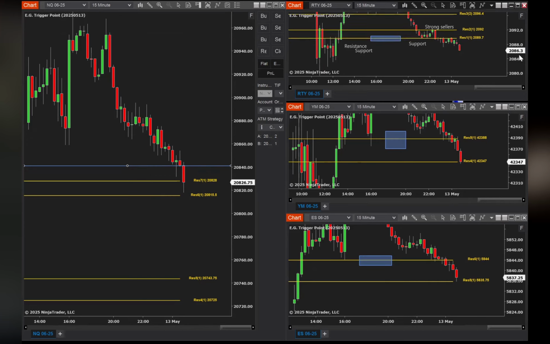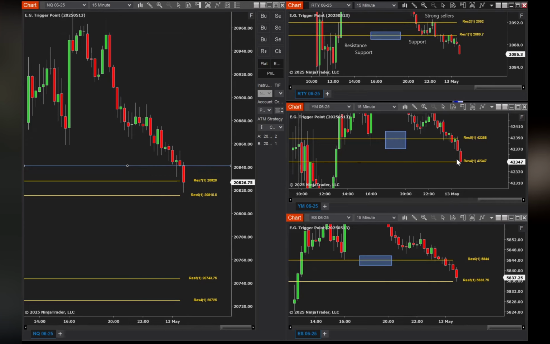RTY support was far away, but ES and YM support were a perfect profit target for NQ. So at this point, I carefully monitored the correlated instruments and went out of my short position. It was a great trade. I entered with a few micros, not minis.